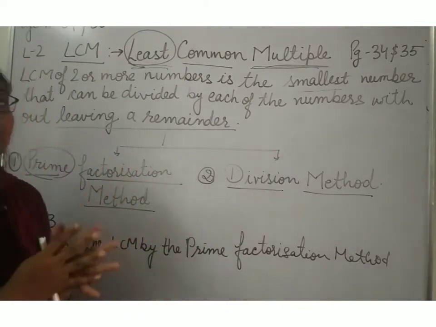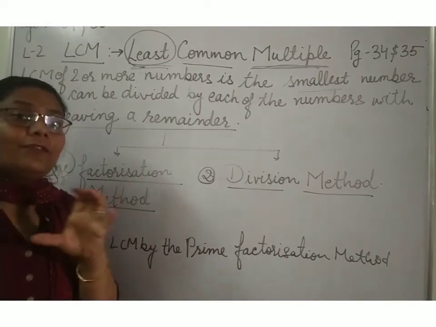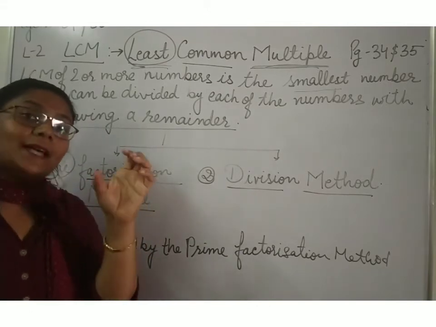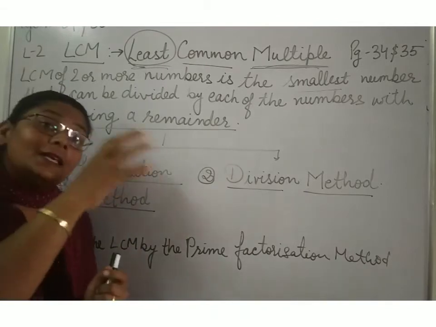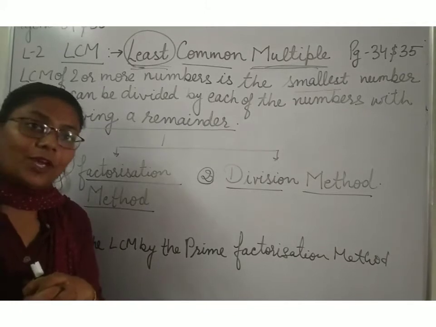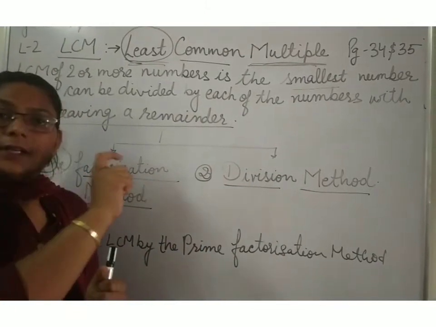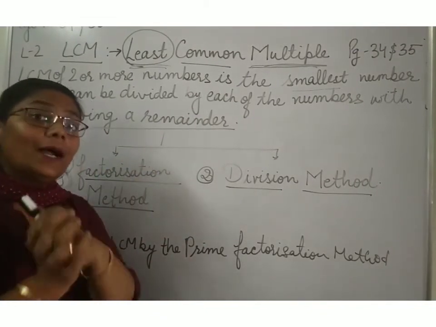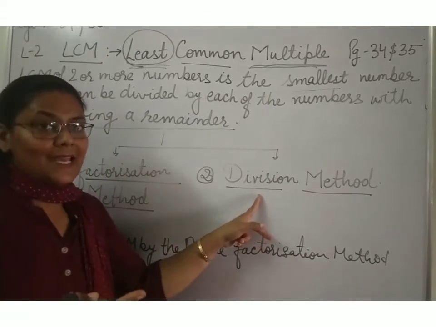Once we find the prime factors, we will find the least common number. Among all the multiples, we have to collect the least common and most common numbers. In the division method, we will take all the numbers together and divide them until we get 1. This I will explain in the next session.